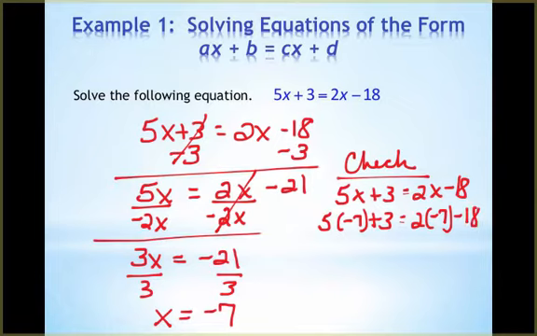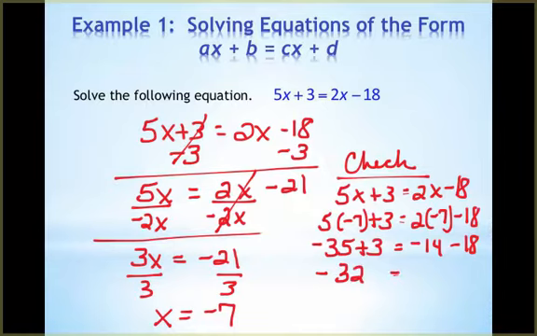So 5 times negative 7 would be negative 35 plus 3, and 2 times negative 7 would be negative 14 minus 18. But negative 35 plus 3 is negative 32, and negative 14 minus 18 would also be negative 32. So that is correct, and our answer is that x is negative 7.